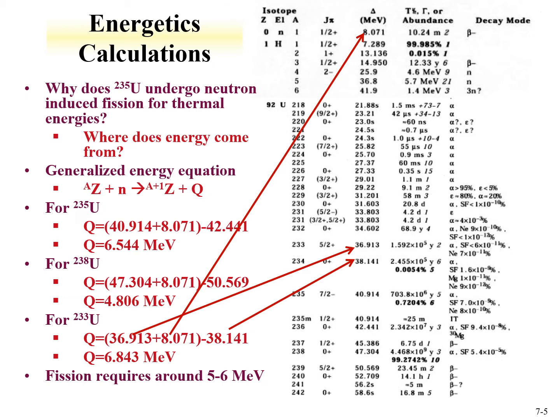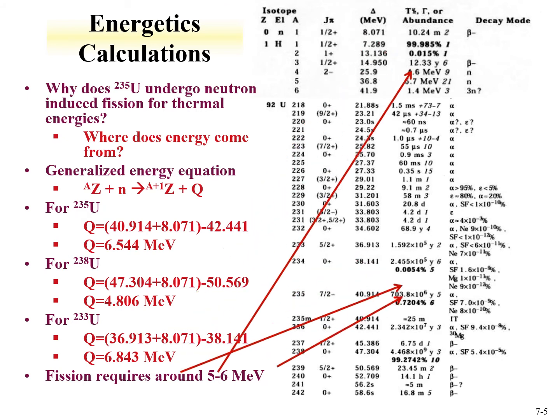We see the difference is that for the isotope that does not undergo fission from thermal neutrons, uranium-238, the Q value is 4.8 MeV, while for the isotopes that do undergo fission, both Q values are above 6.5 MeV. It just happens that the fission barrier is between 5 and 6 MeV. So that pairing energy provides enough energy to have the isotope overcome the fission barrier and experience fission.